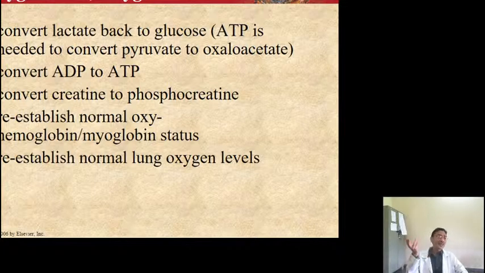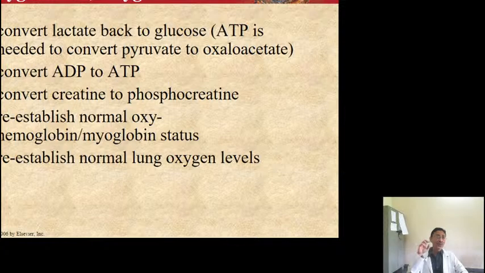Now, as long as this oxygen extraction is taking place in a trained athlete, we have oxygen coming in and energy for sustained contraction is happening. But in that interim period, where the energy is provided in the absence of oxygen and glycogen is getting converted into lactic acid, to convert this lactic acid back into glucose, that oxygen has to be replaced.